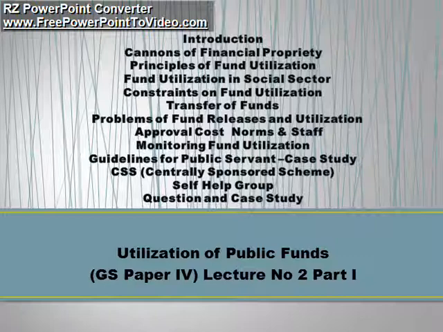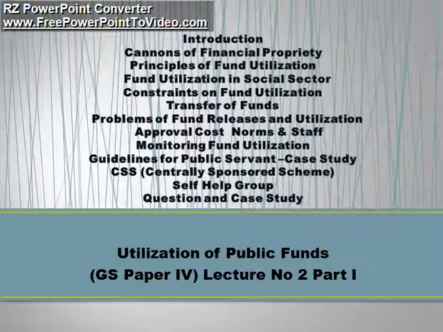Then approval cost, norms and staff, followed by monitoring fund utilization. Then guidelines for public servants, case study, to be followed by CSS, centrally sponsored schemes, to be further followed by self-help groups, and I will complete this lecture with questions and a case study.